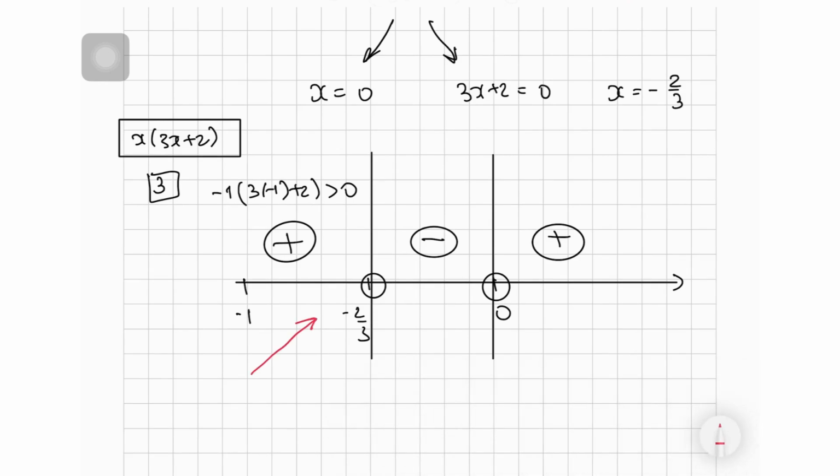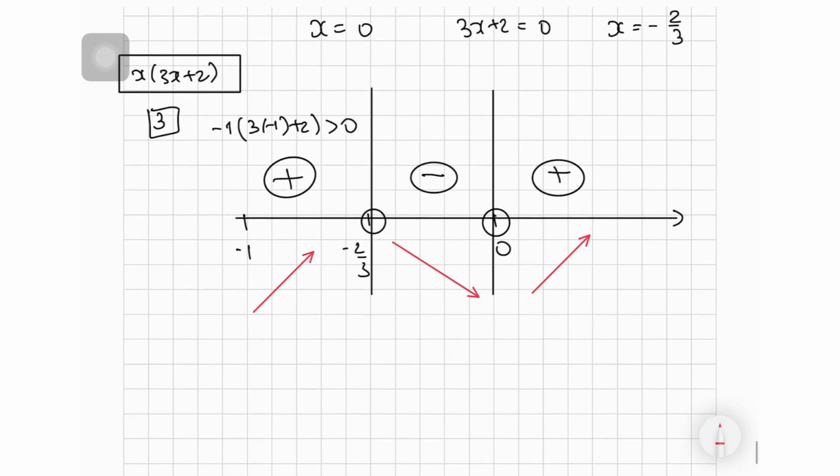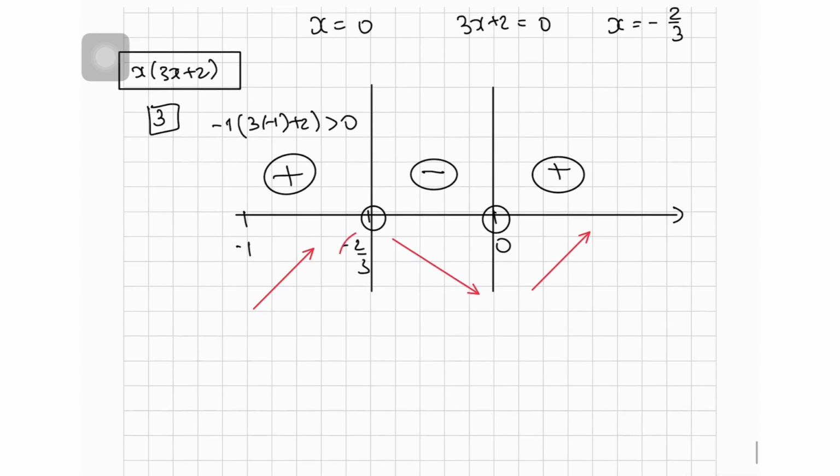The function is increasing up to negative 2 over 3, then it is decreasing, and then again increasing. That means that at negative 2 over 3 there is a relative maximum, and at 0 there is a relative minimum.